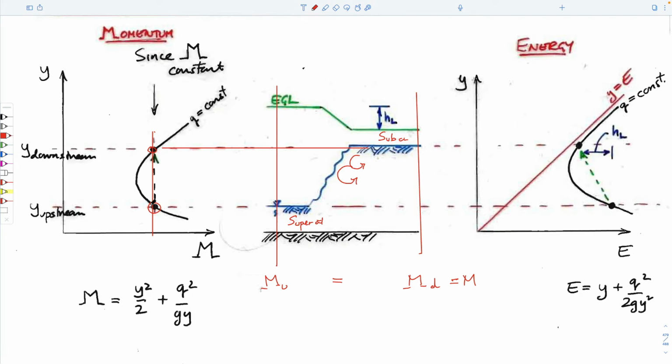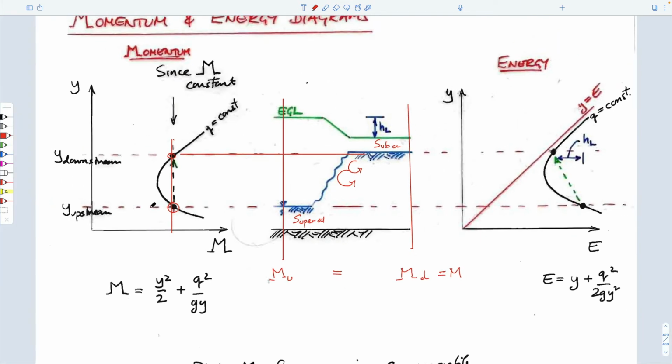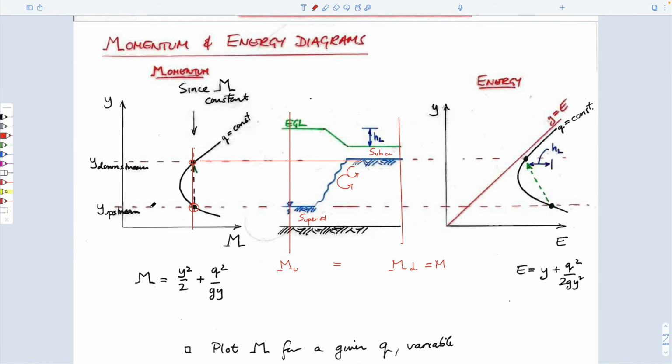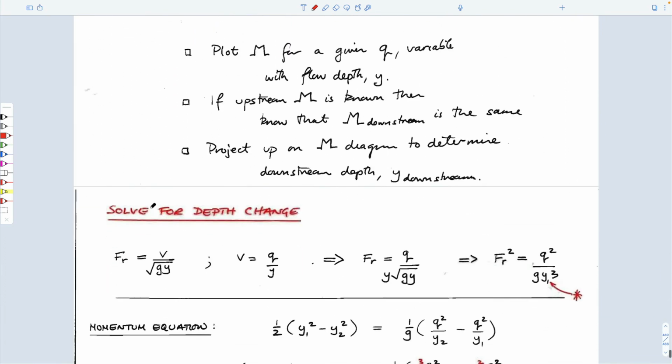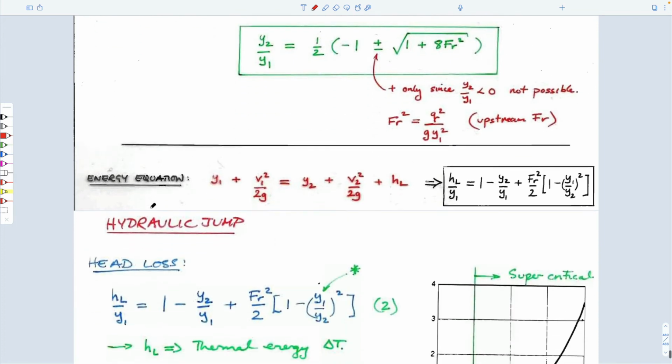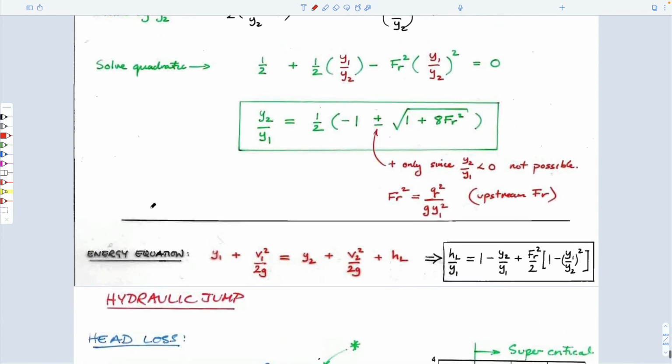So that's the hydraulic jump story. And so again, there's a ton of math that comes with this. I won't bore you with this, but that math allows you to define what the ratio between the upstream depth and the downstream depth should be, purely as a function of this Froude number.